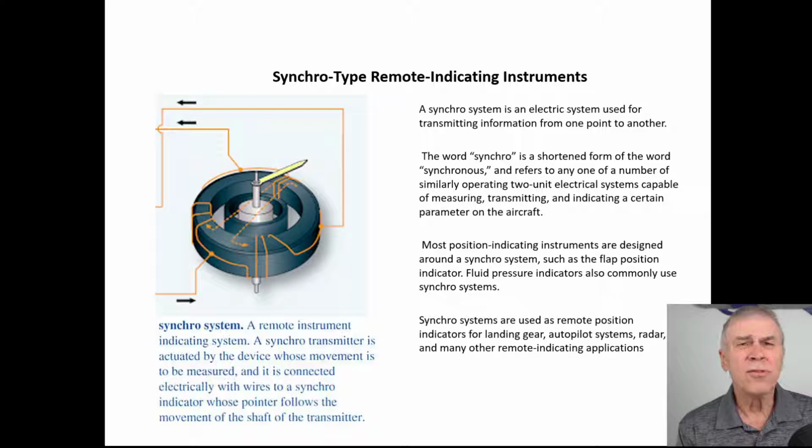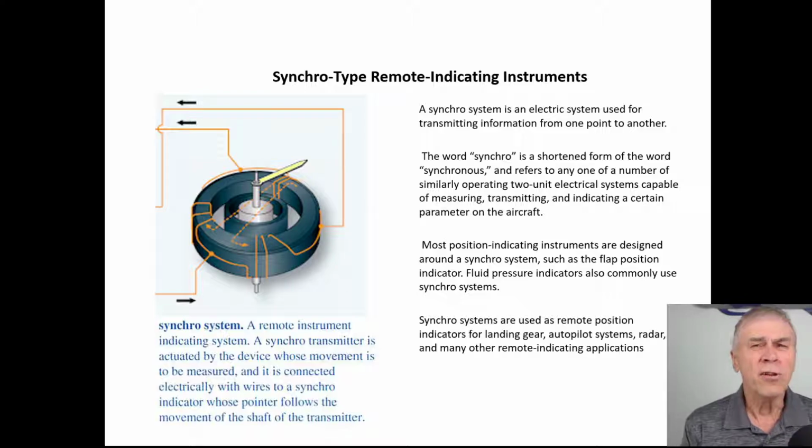It's used to transmit information from one point to another. So basically the wires are hooked up to a similar configuration, and what happens on one side will also happen on the other by way of directing the magnetism in this case.